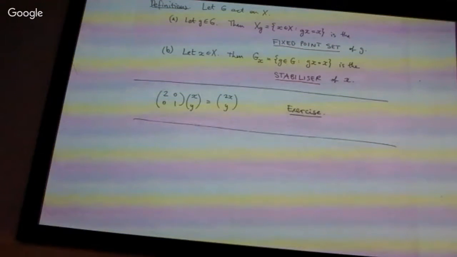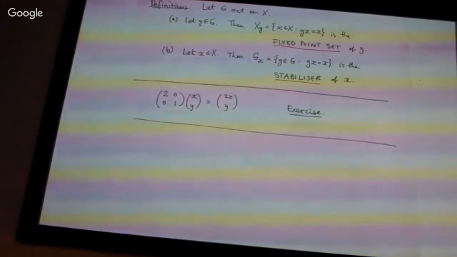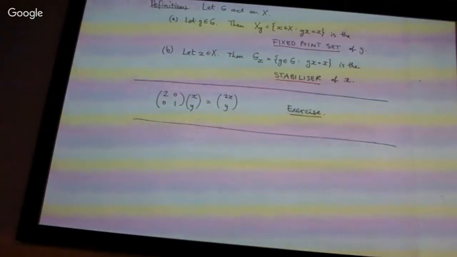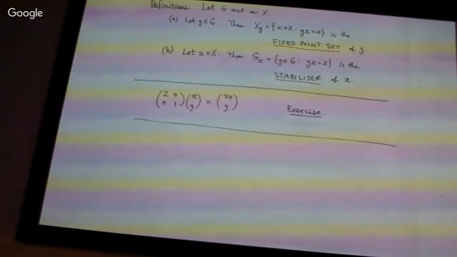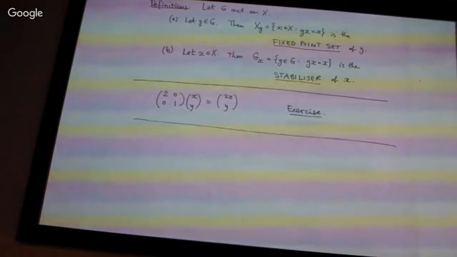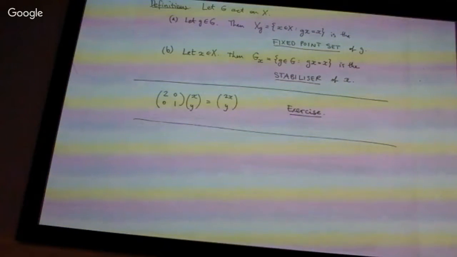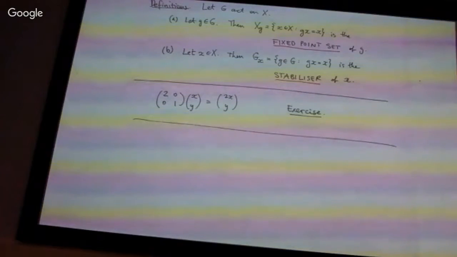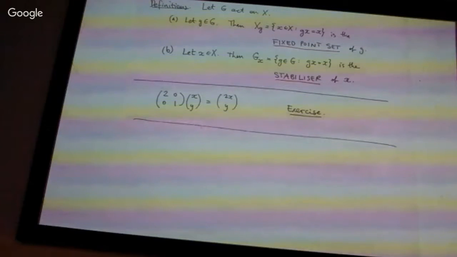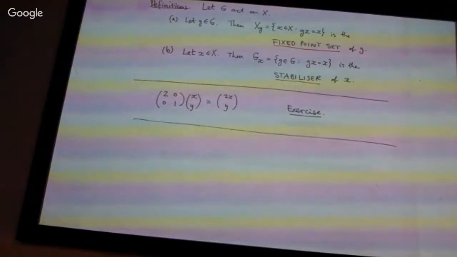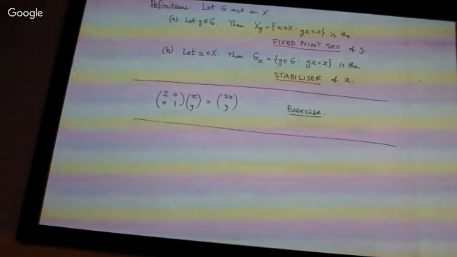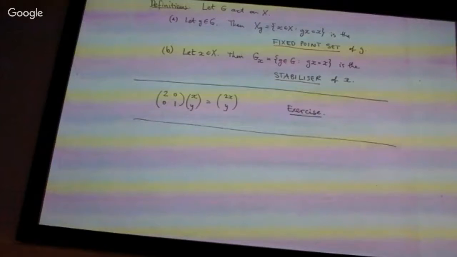So you look at all the elements of the group, all the little transformations of x, and you look at all of them that don't move x. No, sorry, you look at one. I apologize, forget the past 20 seconds. You pick one particular transformation, and you look at all the points that it doesn't move anywhere.